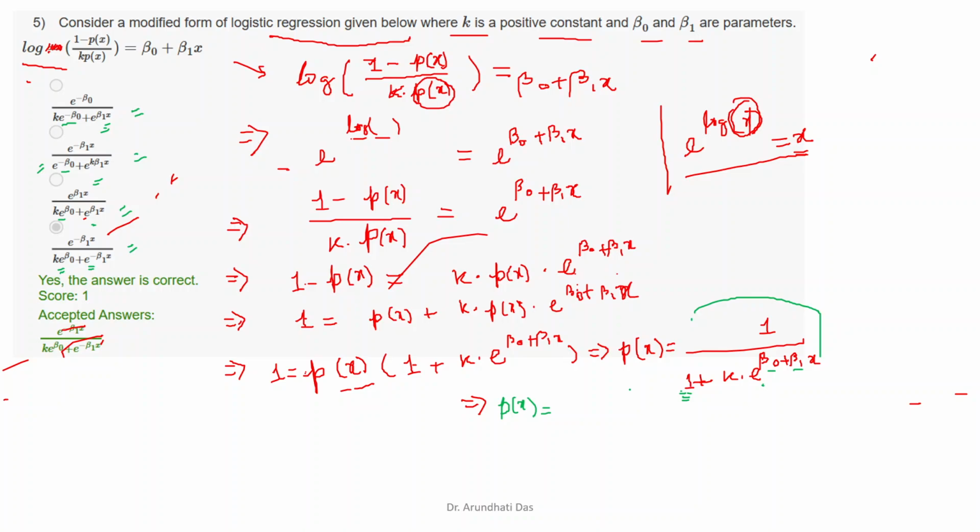So I will divide the numerator by e to the power b1x, and the denominator as well by e to the power b1x, plus the k term, and if I divide e to the power b naught plus b1x by e to the power b1x, you can write this as e to the power b naught, correct.